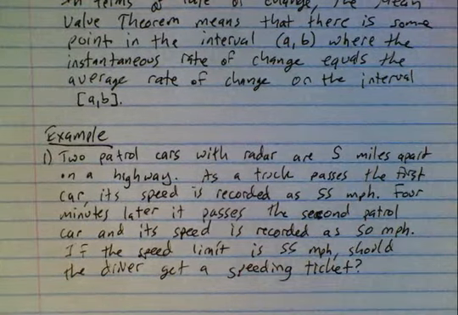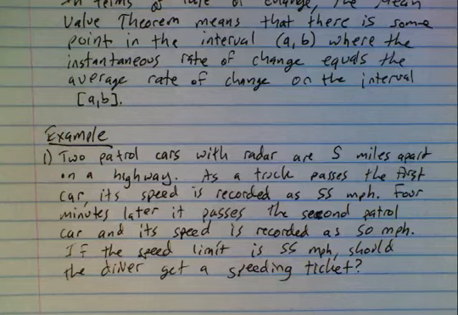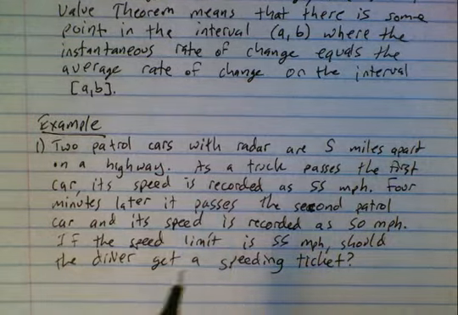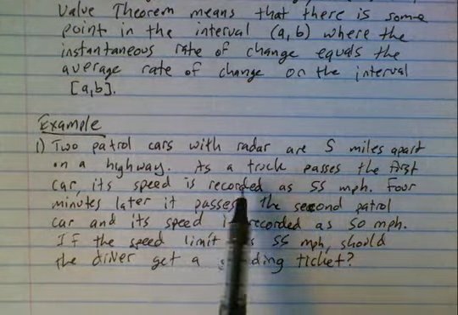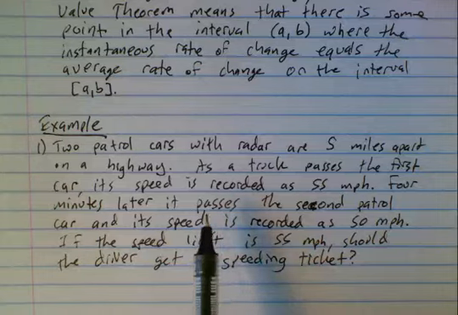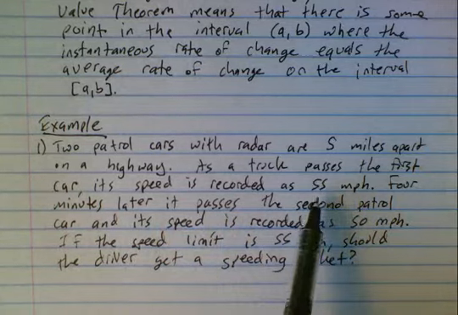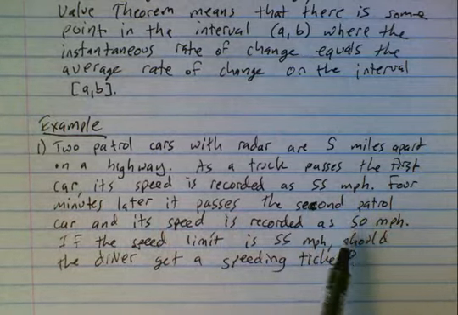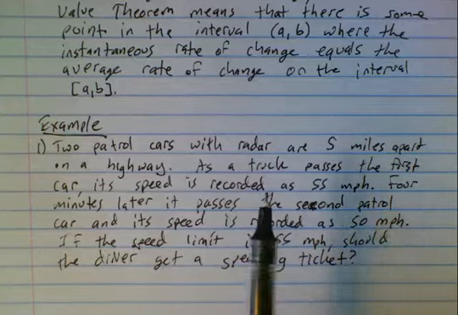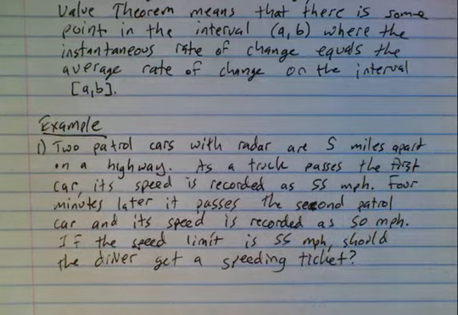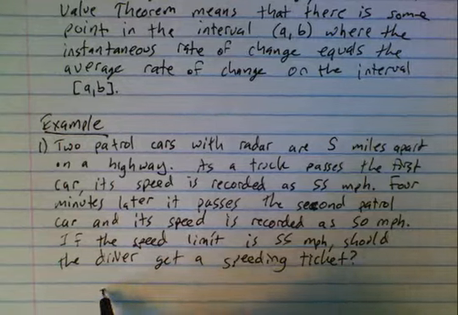So go ahead and think about that one for a second. Okay, so let's look at this. At first glance, when the first patrol car uses the radar, the speed of the truck is 55 miles per hour. The second time around, it's 50 miles per hour. So it seems at first glance like the truck is good to go. However, let's draw this out and let's look at something.